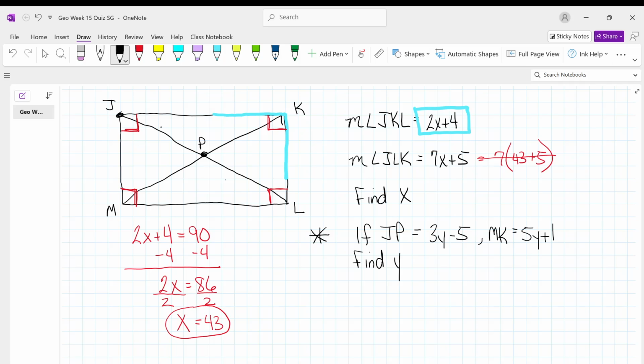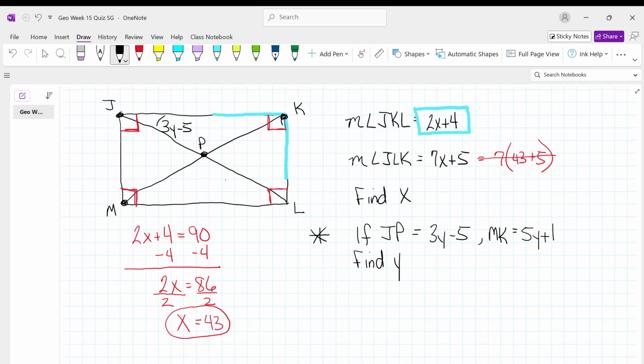All right, J to P is 3y minus 5. And this whole diagonal, M to K, is 5y plus 1. So what we've got is a whole diagonal, and then we've got half of a diagonal. All right?